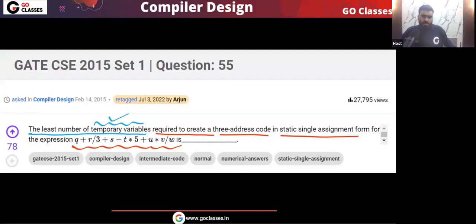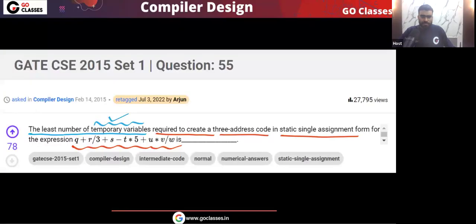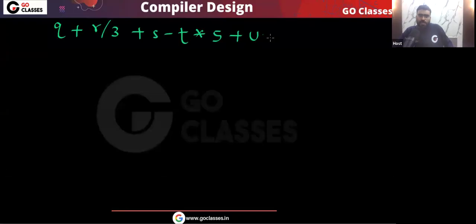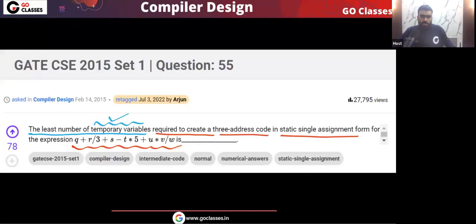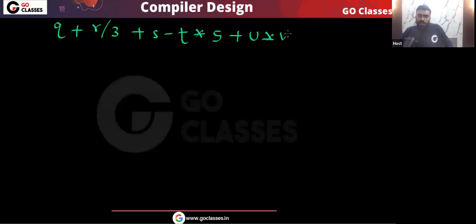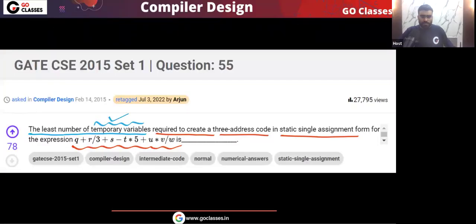Let's do it. So this expression is given to you: q plus r divided by 3 plus s minus t multiplied by 5 plus u multiplied by v divided by w.